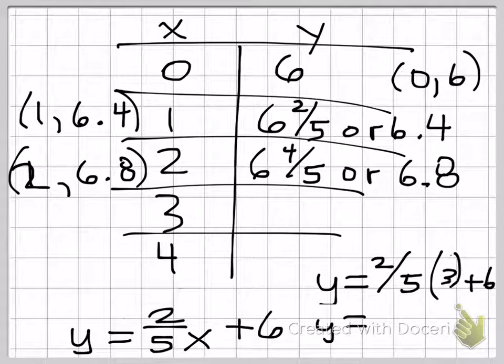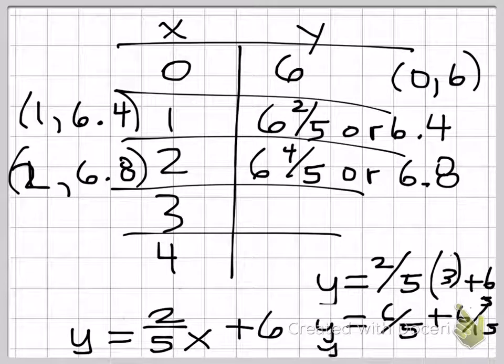Plug in 3. So that's going to give me 6/5 plus 6. We need a common denominator, so 5 could be our common denominator.